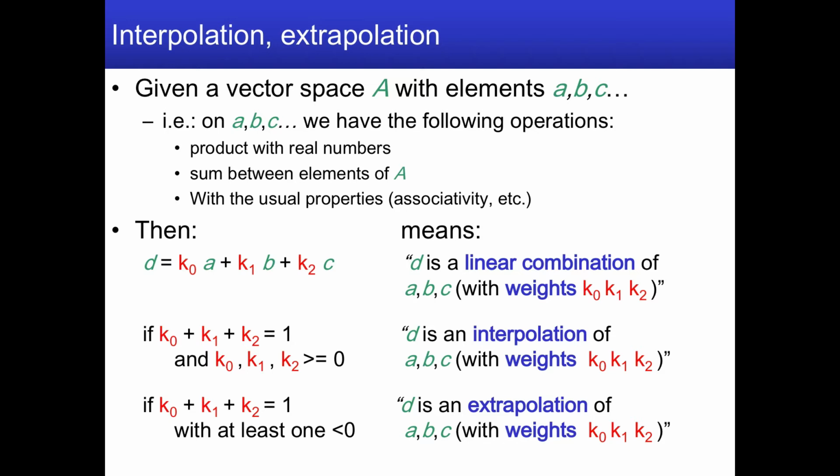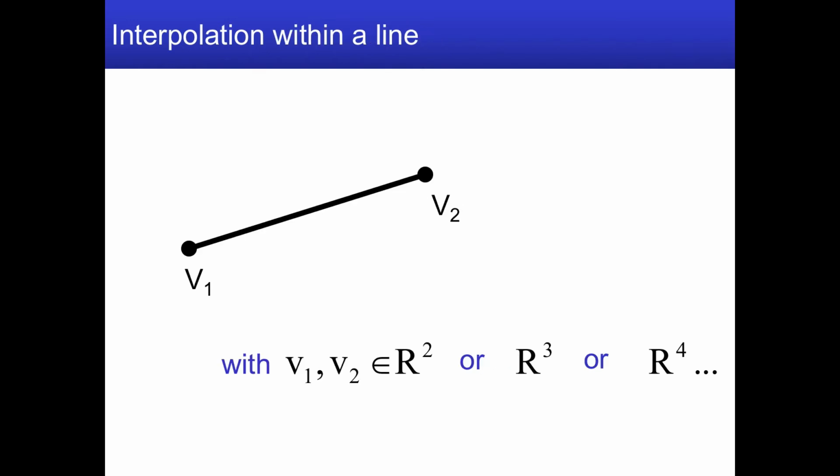You can say it is interpolation if all these weights are bigger than 0 and sum up to 1; otherwise you have extrapolation. If at least one is less than 0, then it's extrapolation. But it's just terminology. The important concept is the other one.